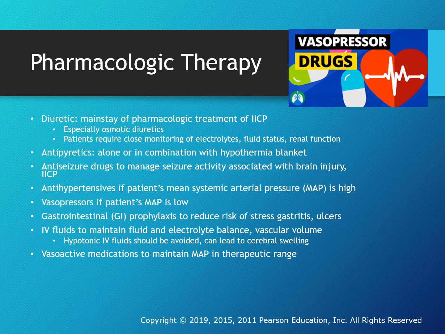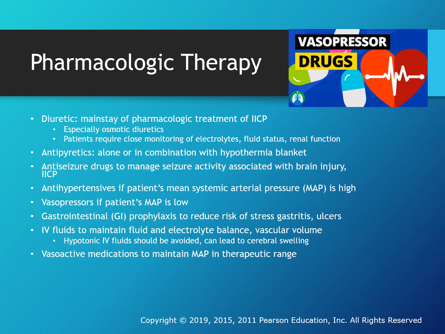GI prophylaxis, and we talked about this in the concept recording: H2 receptor antagonists or proton pump inhibitors are often used because patients with IICP are at increased risk for developing stress gastritis and ulcers. IV fluids are usually necessary to maintain the patient's fluid and electrolyte balance and vascular volume.